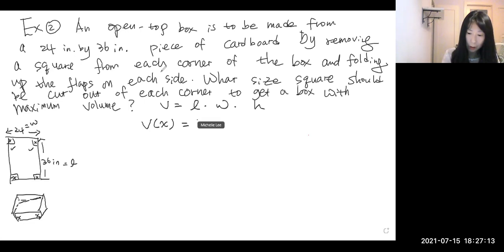So this will be 24 minus 2x, because we have to cut the corner. The length, the longest one as well, there is a 36, like that. Then we're going to cut here, so there are 2 of them. So 36 minus 2x.